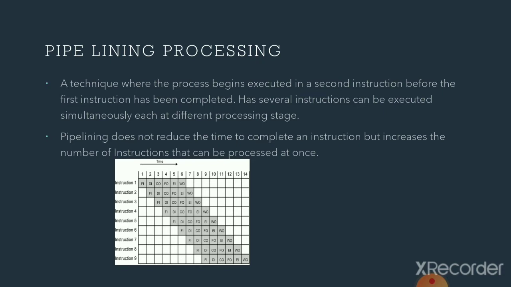So this way, when the first instruction is doing something, the second will start after one interval of time or two intervals of time. So this happens to instruction 3, when the first instruction is fetching the operand in the fourth second, and instruction 4 is fetched from memory.